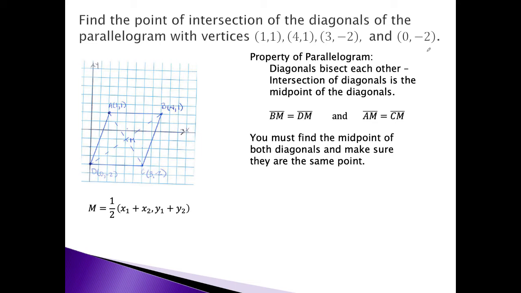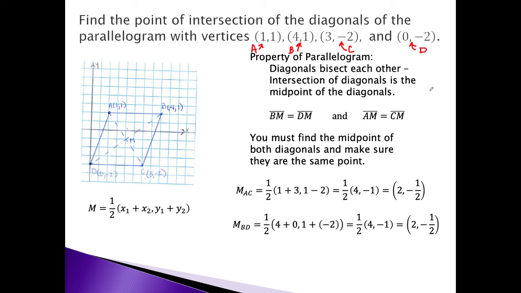And the midpoint formula is 1/2 (x1 plus x2), comma, 1/2 (y1 plus y2). And I'm using the points over in my graph. So this is A, this is B, this is C, and this is D. Okay, so the midpoint of AC is 1/2 (1 plus 3), comma, 1/2 (1 minus 2). So that's 1/2 (4), comma, 1/2 (negative 1), so that's (2, negative 1/2).